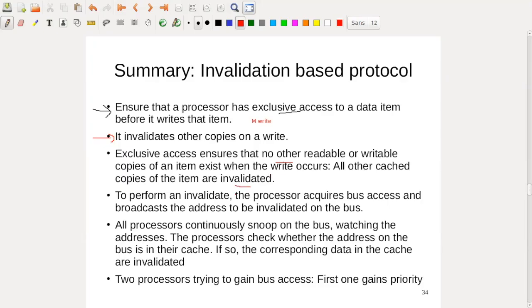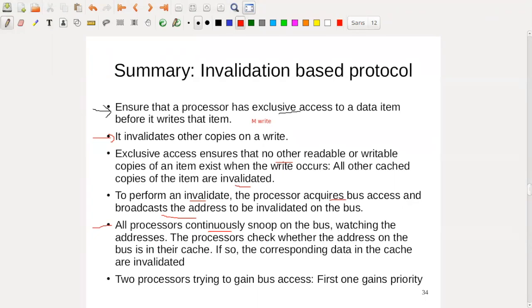And to perform an invalidate, how does it happen? The processor which is trying to write acquires bus access, and it broadcasts the address to be invalidated, and each controller is going to invalidate its own copy. All the processors are continuously monitoring the bus and watching for the addresses.